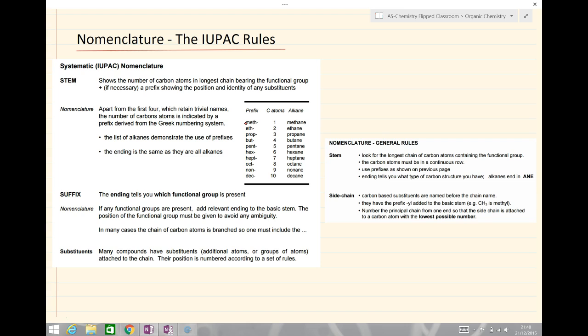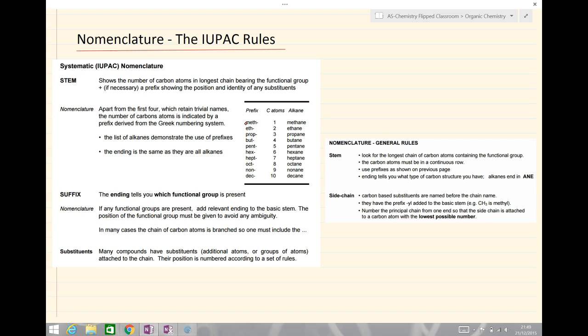Here we go. The suffix tells us which functional group, and we're going to have a look at a whole host of suffixes and functional groups that we may come across in the AS course and apply those to understanding what the chain might look like and what our displayed formulas and what our skeletal formulas might look like.